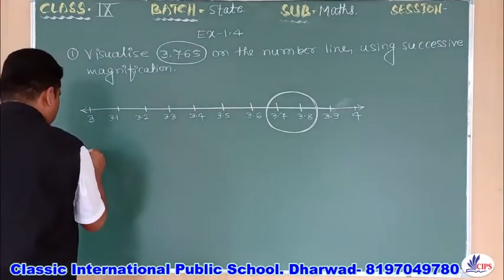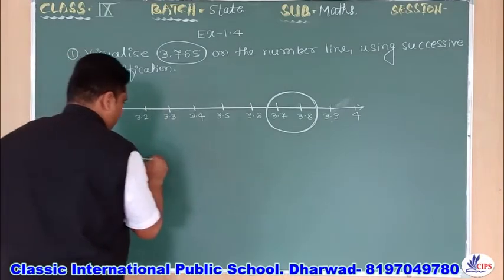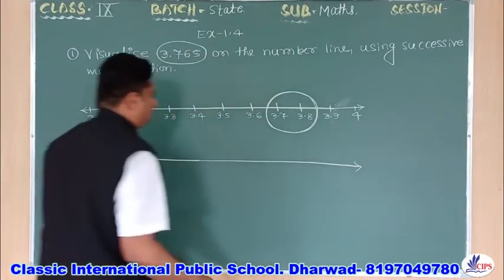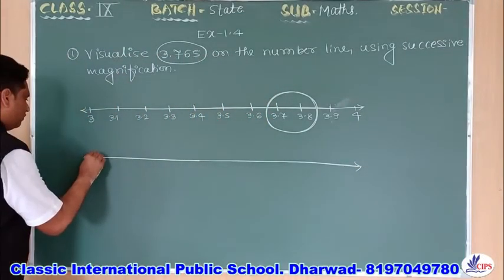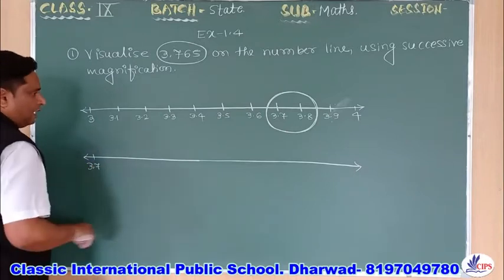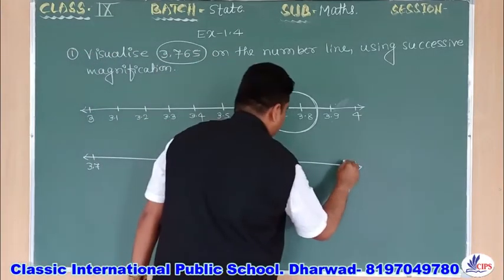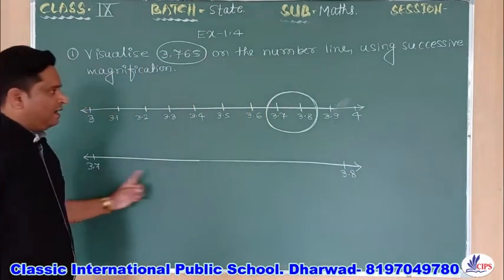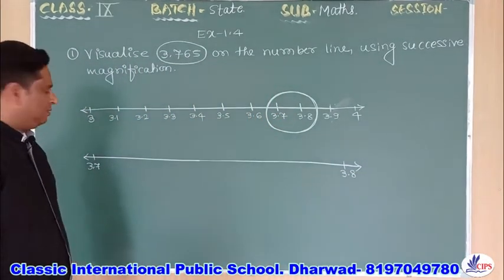I'll draw one more number line below and I'll start from 3.7 and I'll wind up with 3.8. It is the number between 3.7 and 3.8.